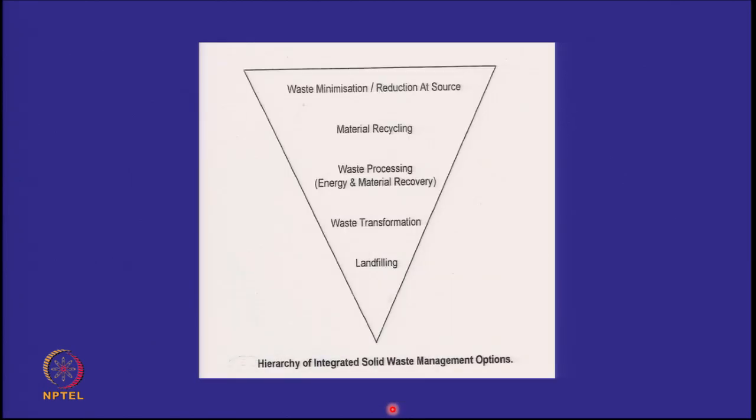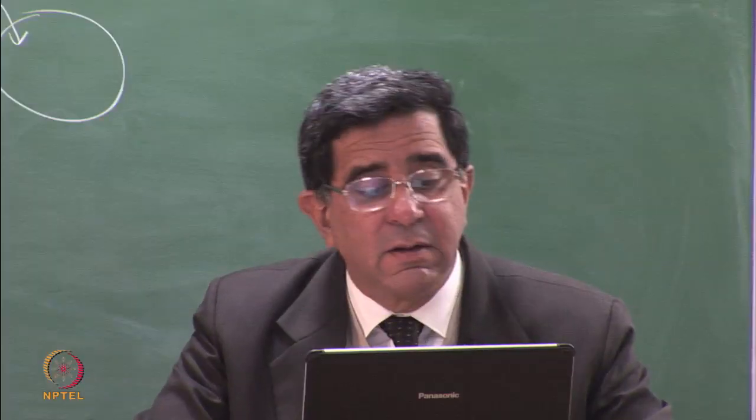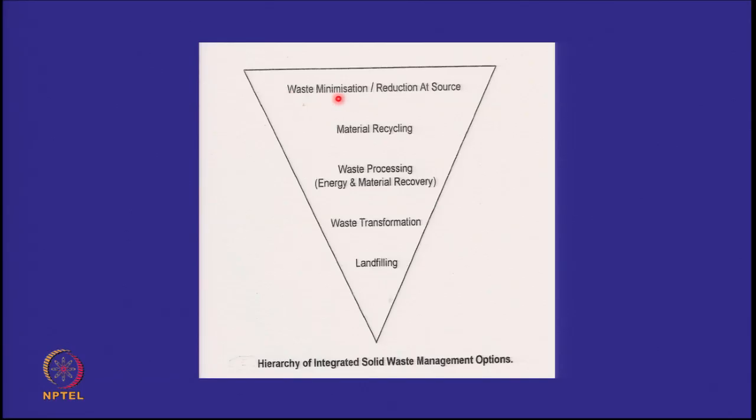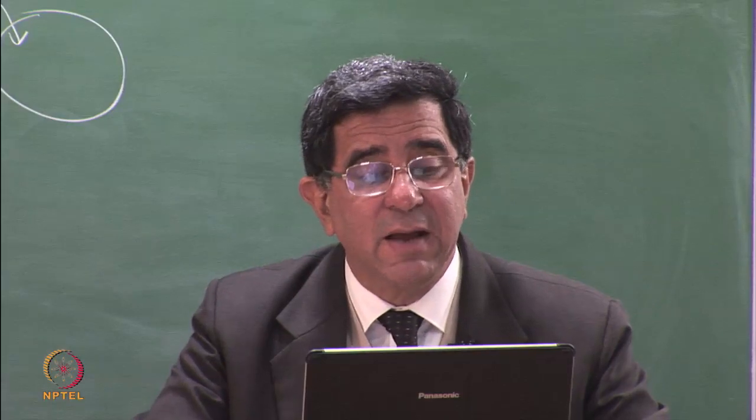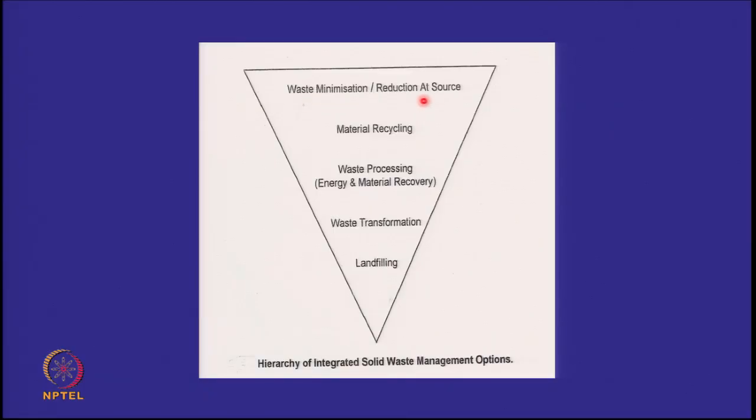So in terms of hierarchy, the maximum money should be spent if we are subsidizing or if we are catalyzing something. We are trying to invest as a government. Maximum money should be spent on waste minimization and reduction at source. If waste is not created, then our problems are lesser.